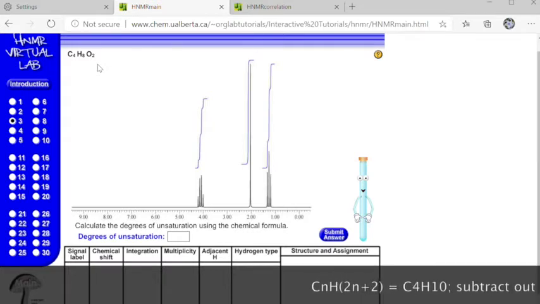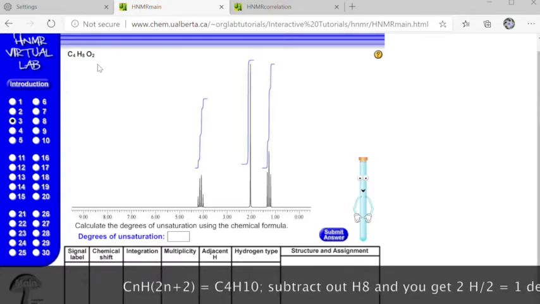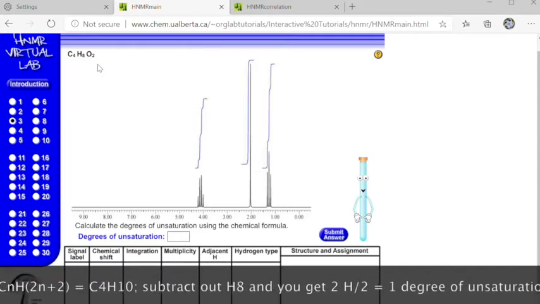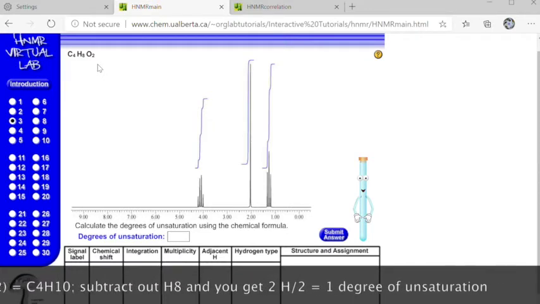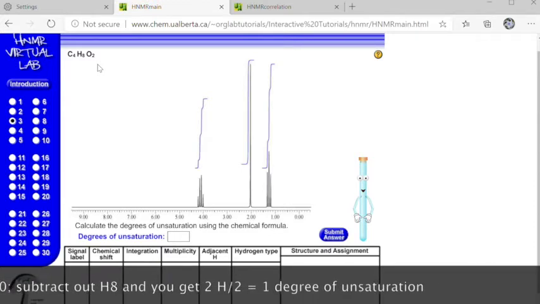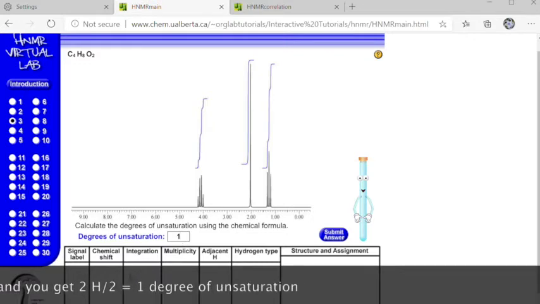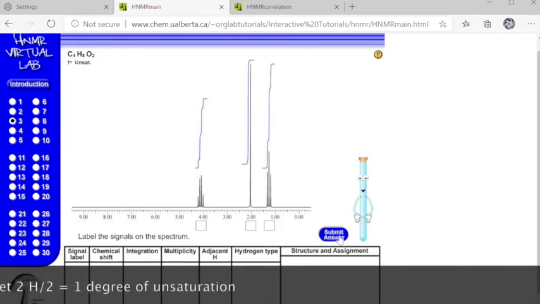So CnH2n plus 2 for this one would be C4H10, and then you'll subtract out the H8, gives you 2, divide that by 2, and you will get 1 degree of unsaturation. And so put 1 in that box and then hit submit.